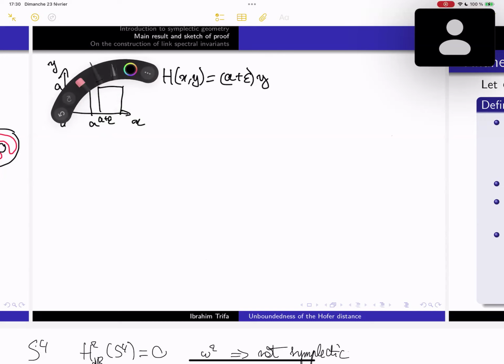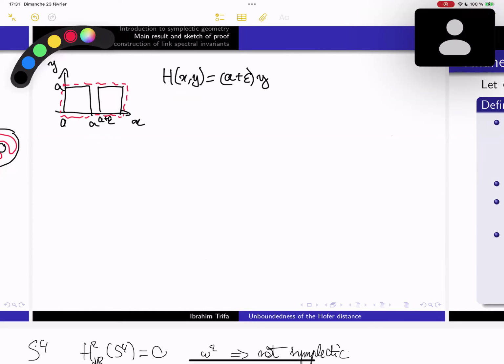And then if you take a small box around those two squares inside the plane, and you cut off h there so that it becomes 0 outside this box. So we get a Hamiltonian h whose oscillation is, so this h is 0 here. It depends only on y, and it's equal to a plus epsilon times a near this line here.